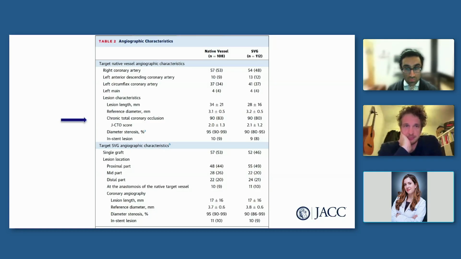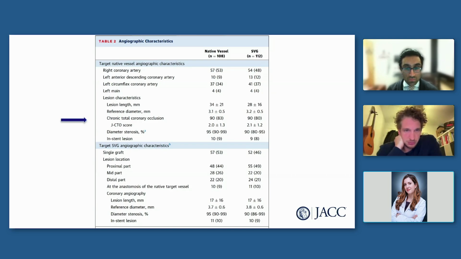And so what I want to highlight here, the angiographic characteristics were similar in large part between the native vessel and the vein graft, but I do want to highlight the fact that there was a very high number of chronic total occlusions of the native vessel in both arms.